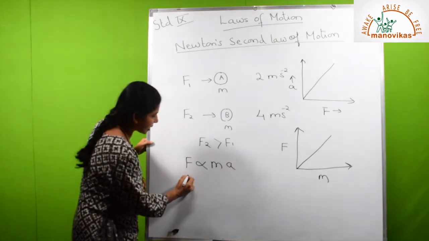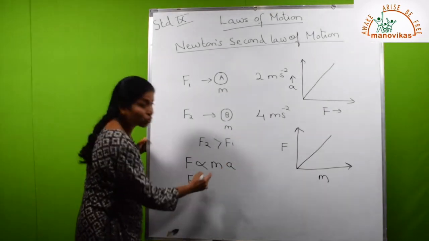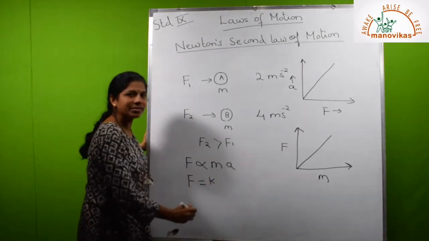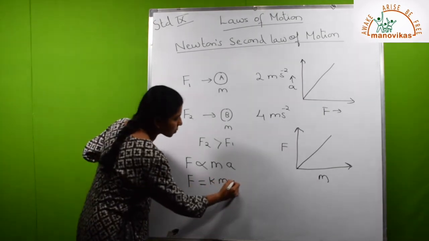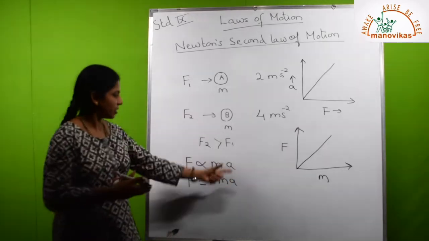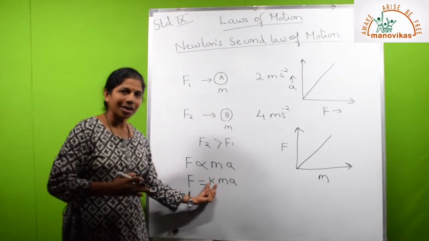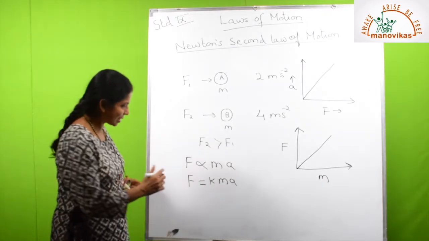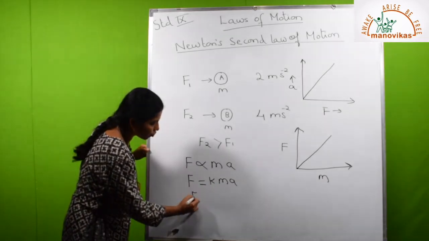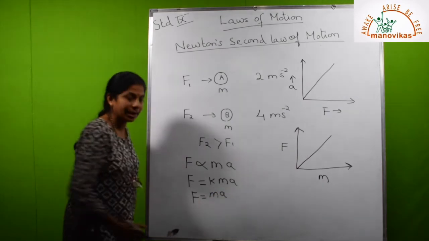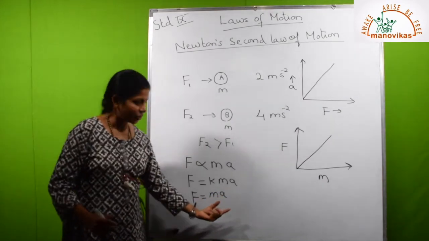So I am going to introduce an equality sign: F is equal to k, a constant, times mass into acceleration. So if I adjust the unit of force in such a way that this k becomes 1, in that case I can write force equal to m times a, mass into acceleration.